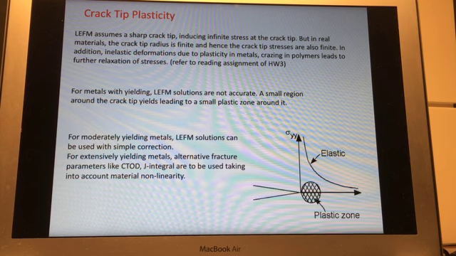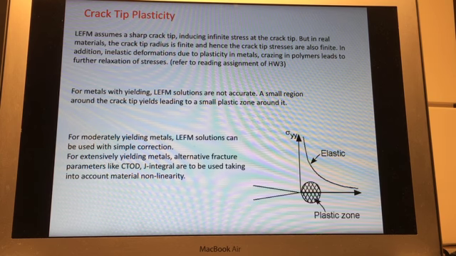So for moderately yielding metals, the linear elastic fracture mechanics solutions can be used with a simple correction, which means you modify it. Because it's only moderately yielding, you can introduce another term but still keep the framework of the theory, and that will give you adequately good estimates of what really happens in the deformation.